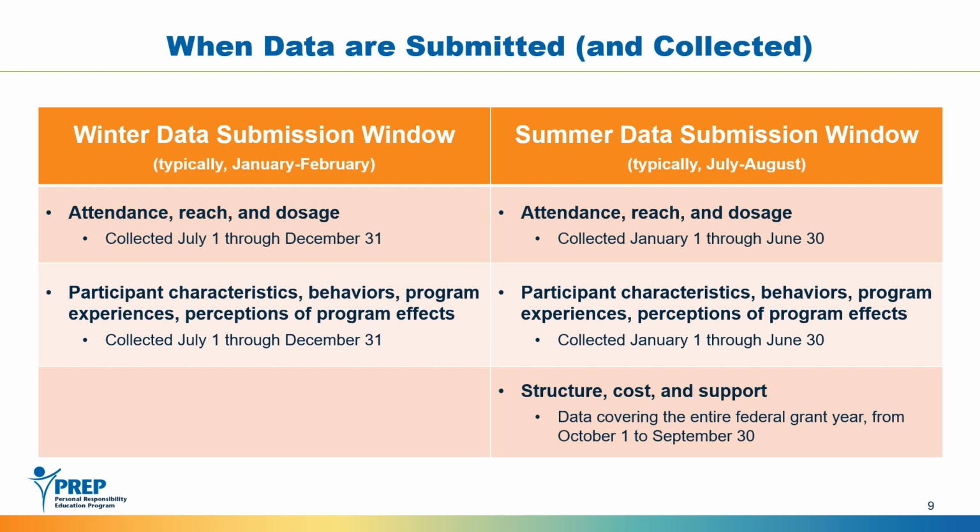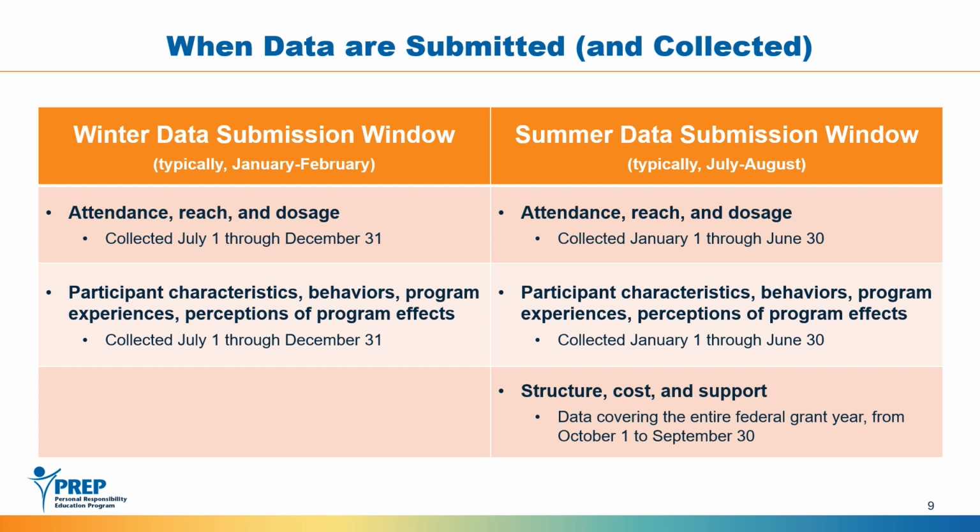ACF typically announces specific dates for an upcoming data submission window a few months before the window opens. The measures of attendance, reach, and dosage, and the measures of participant characteristics, behaviors, program experiences, and perceptions of program effects are submitted during both data submission windows. The data collection periods for each of those types of measures and data submission windows are also shown here.